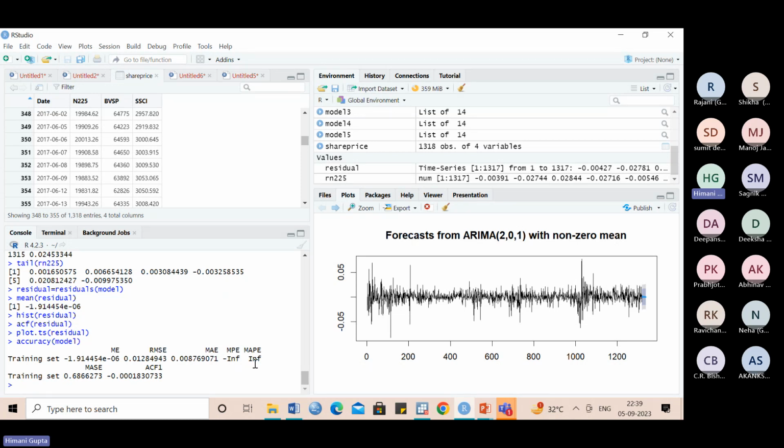That means it's very, very near to zero. So my model is a good fit. If I'm getting higher MAPE or MPE or MAE, that means there is some error in my model. And if you are comparing 2-3 models, you can compare these also. Whichever model has the least error, you have to go with that model.